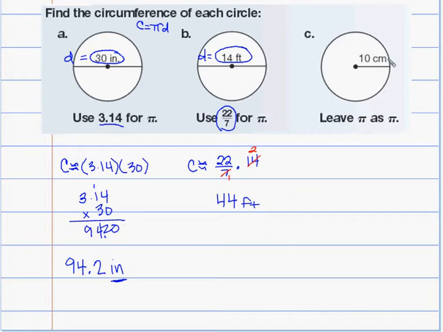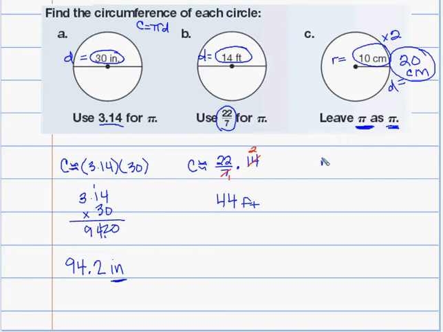In example C, they give us the radius. So before I can use the radius, or before I can use this formula, C equals pi d, I would need to multiply this times 2 to get a diameter of 20 centimeters. Okay, now this says leave pi as pi.